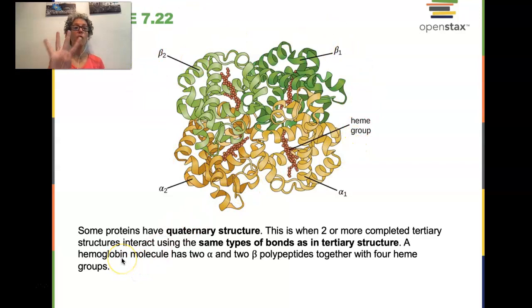It has 4 separate tertiary structures that had to go all the way to that level, and then those 4 tertiary structures interact to form the stable final molecule of hemoglobin. So there are 2 alpha chains, there are 2 beta chains. Hemoglobin has a lot of alpha helix structure, but it does also have some flattened beta sheet structure.